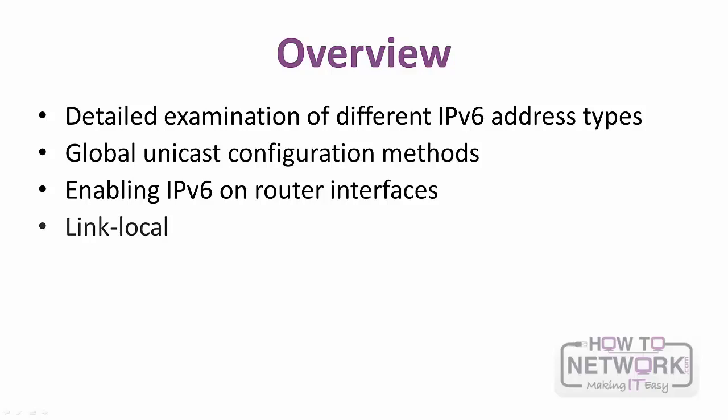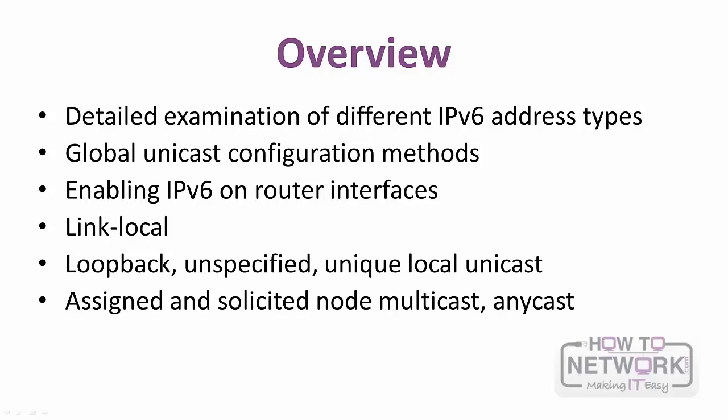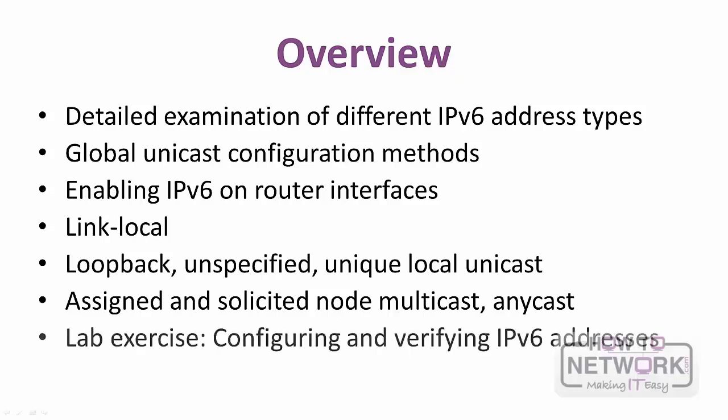Link local addresses are described using static and dynamic IOS configuration examples. Loopback, unspecified, and unique local unicast addresses are also discussed. Assigned and solicited node multicast addresses, along with anycast addresses, are described as well. In the lab exercise, we will learn how to configure and verify various address types.